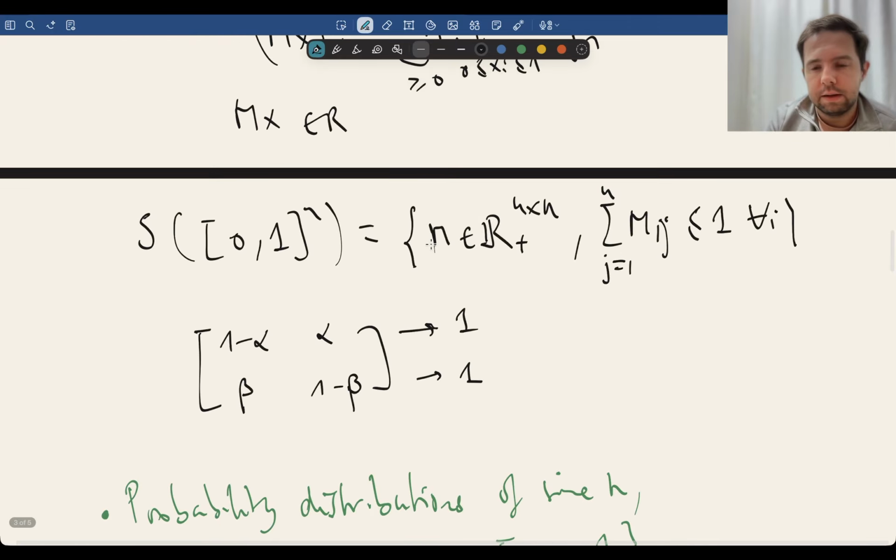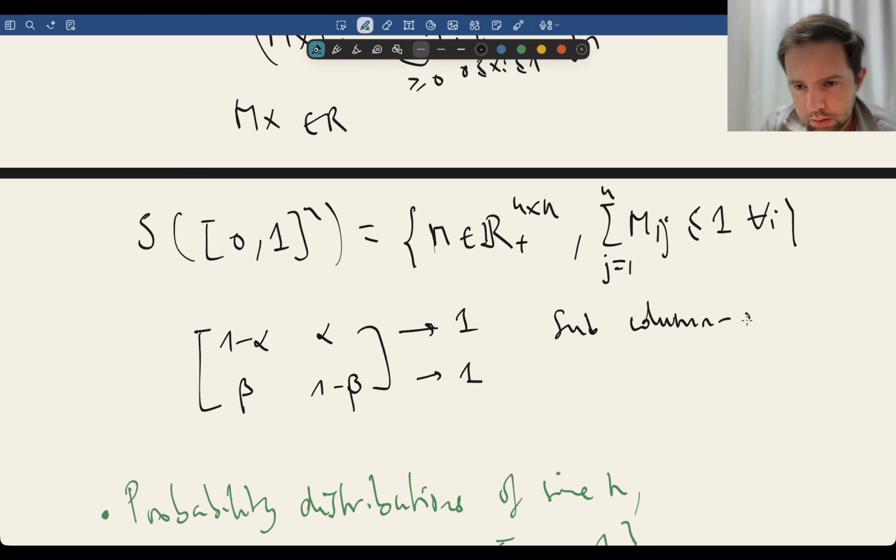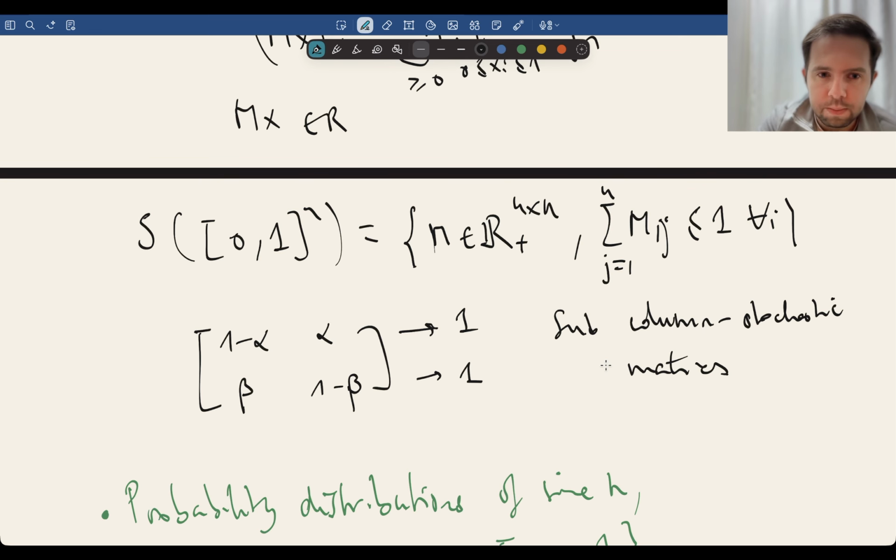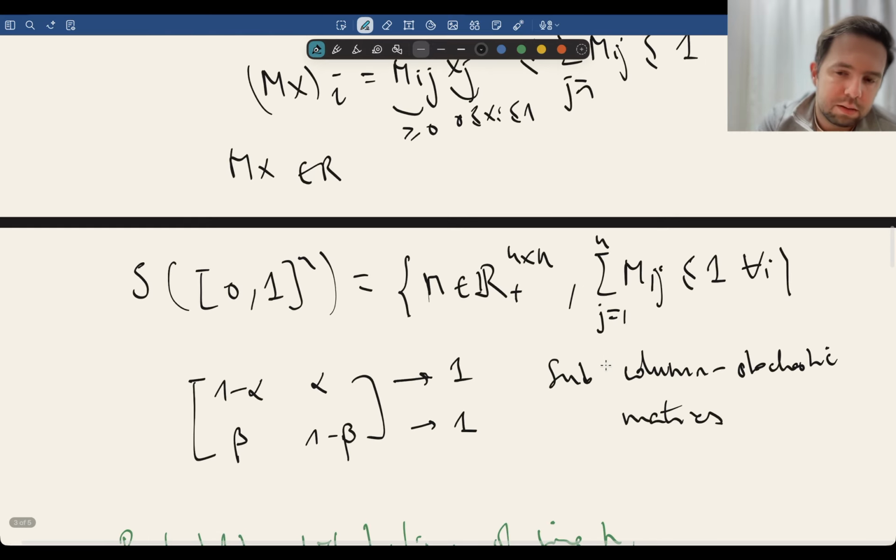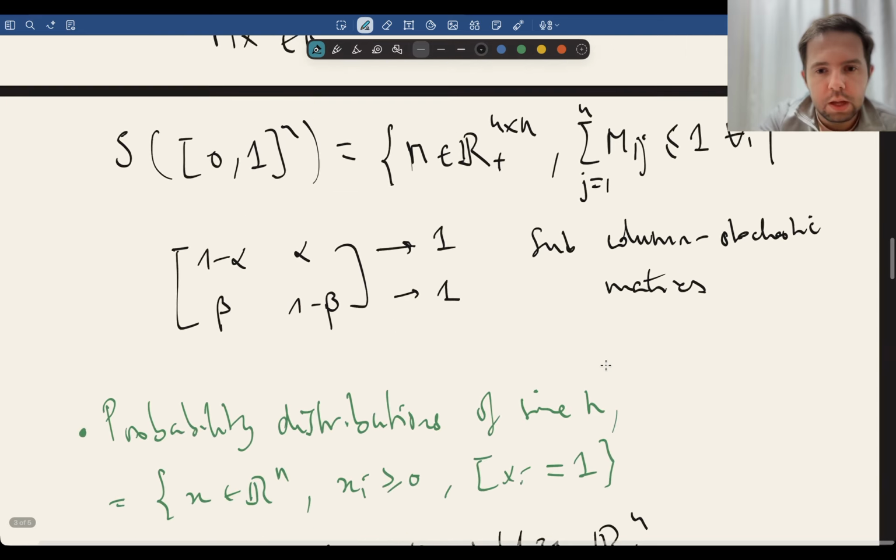And the set here is known as the set of sub-row-stochastic matrices, because here the rows sum to at most 1, so this is why the sub. Yes, and these are also related to probability distributions, but more precisely to convex combinations and to averaging in general, as we saw in the previous video.